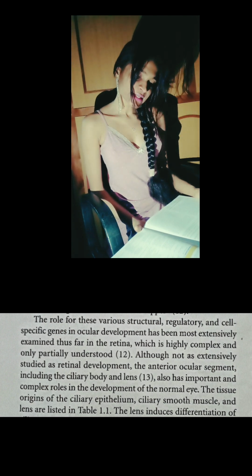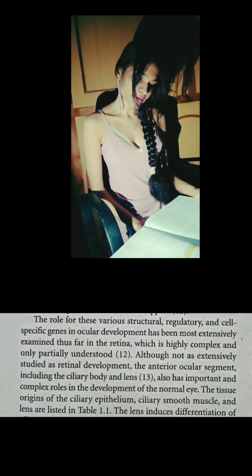Although not as extensively studied as retinal development, the anterior ocular segment, including the ciliary body and lens, also has important and complex roles in the development of the normal eye. The tissue origins of the ciliary epithelium, ciliary smooth muscle, and lens are listed in Table 1.1.